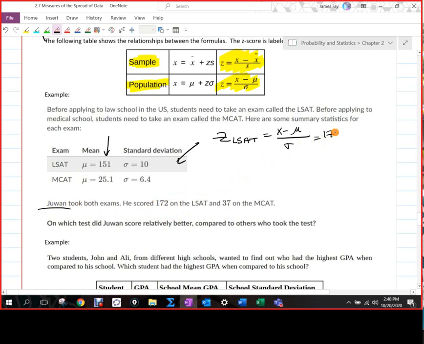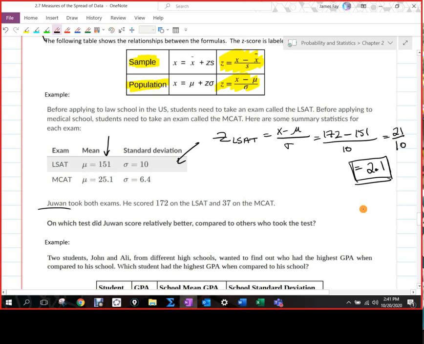So we go 172 minus the mean, which was 151, divided then by the standard deviation. Okay, so that gives me 21 over 10, which is equal to 2.1. That was my z-score. Does that make sense, everybody?